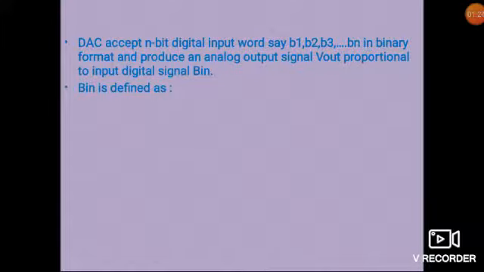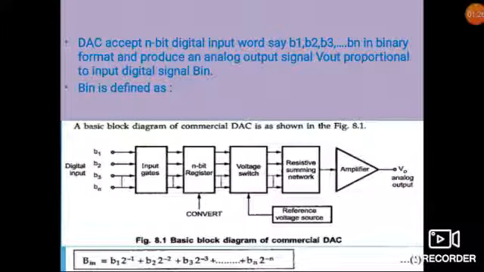A basic block diagram of a commercial digital to analog converter is shown in the figure, and this figure is generally divided into 5 parts: input gates, n-bit register, voltage switch, resistive summing network, and amplifier with a reference voltage source. Binary B1, B2, B3 is transferred to the input gates, then again it is transferred to the n-bit register.